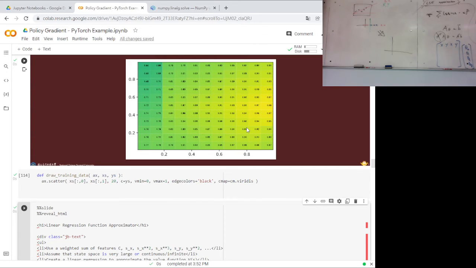Because if I now write out the equation, I get x times theta 0 plus y times theta 1 plus x times theta 2 plus y times theta 3. Right?